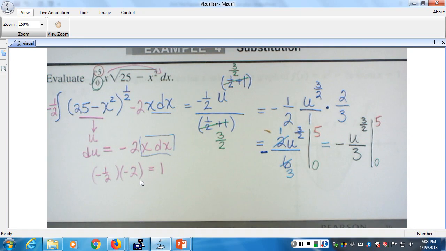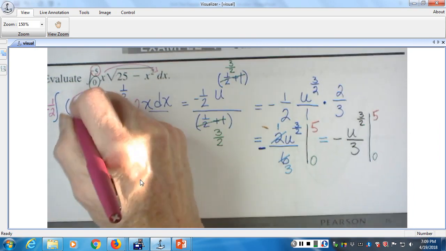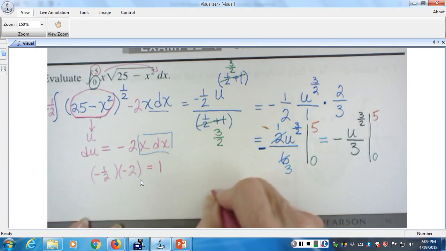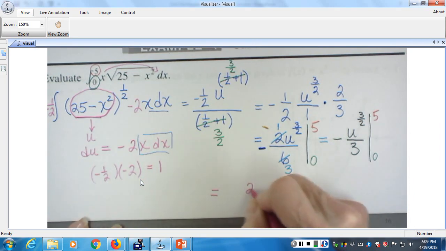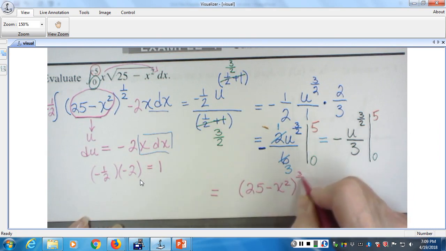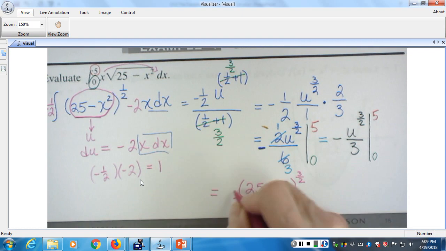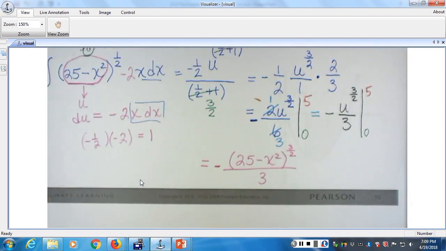But I've still got that u in there. So now I need to go put u back in. This is the value of u right here. Yeah, it's still negative.